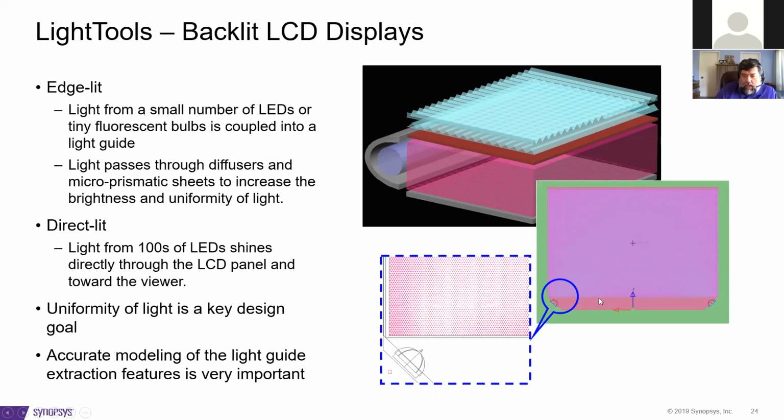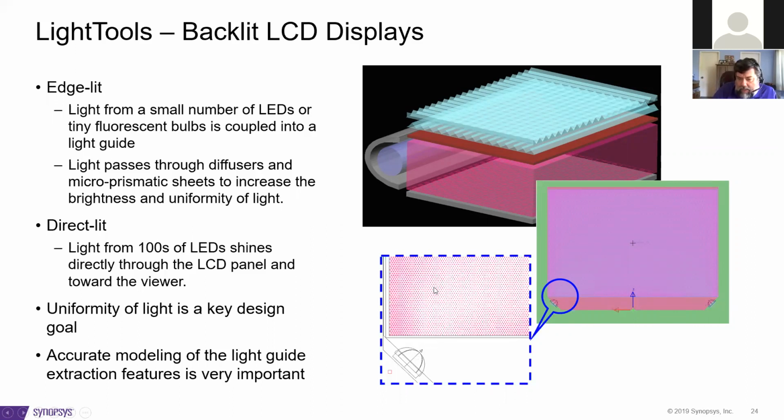What we do with edge-lit displays is inject the light. If we're looking at this little green picture here, there's an LED. This particular one has some 45-degree cuts to it. We've got an LED here, and there's a matching one over on the other side. The rectangular bit here is the display part, and there are textures there to extract the light. So the light is injected here at the LED.